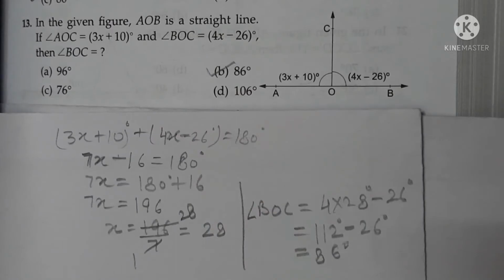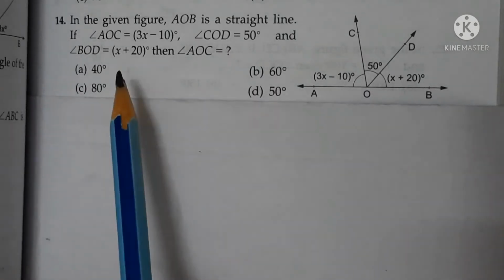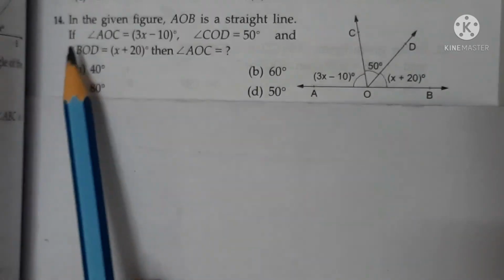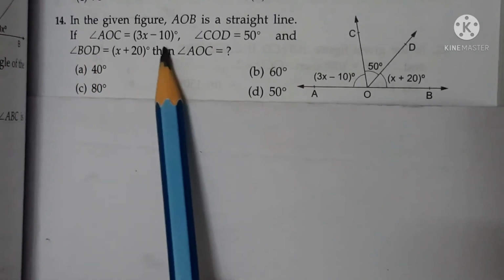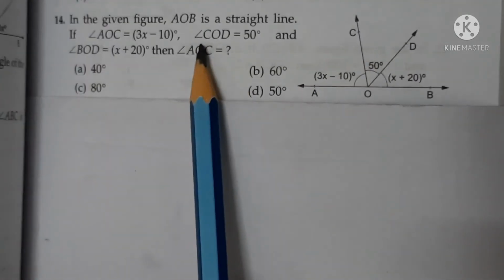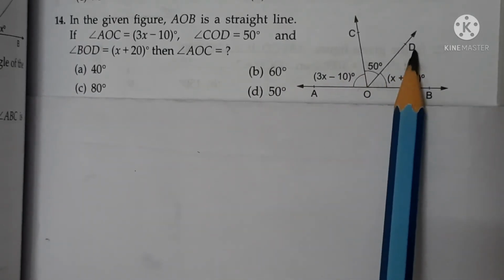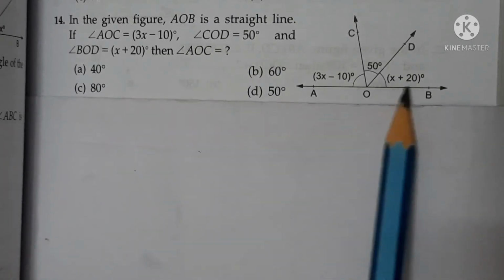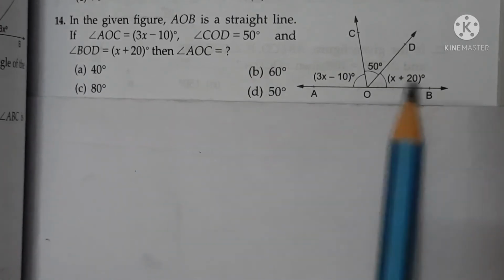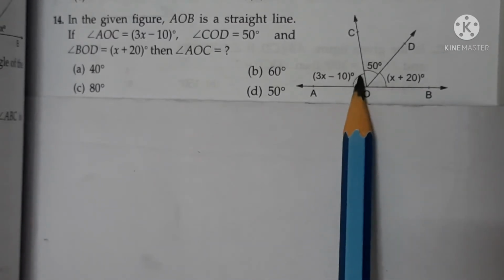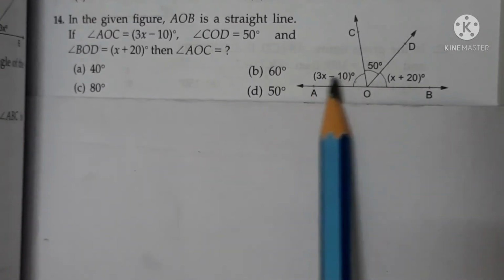Next question number 14. In the given figure, AOB is a straight line. If angle AOC is equal to 3x minus 10, angle COD is equal to 50 degree and angle BOD is equal to x plus 20 degree, then angle AOC, this angle you will have to find out.